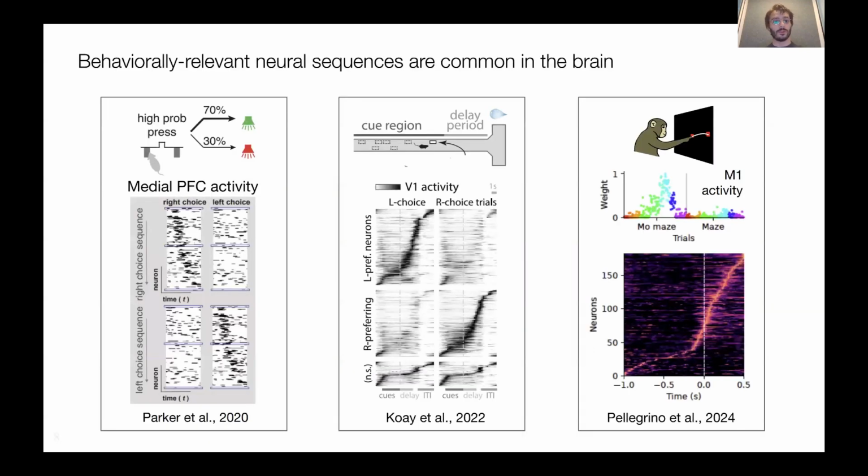And these sequences, they are also very ubiquitous. So people have found them across different species, across different tasks, and across different brain regions. And so that kind of hints at the fact that perhaps we should depart from or extend our neural subspace view to capture more types of structure in neural data.